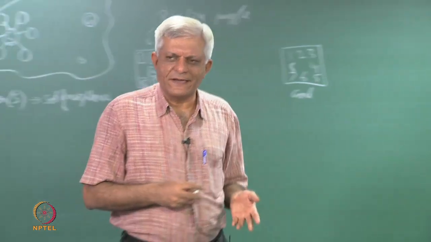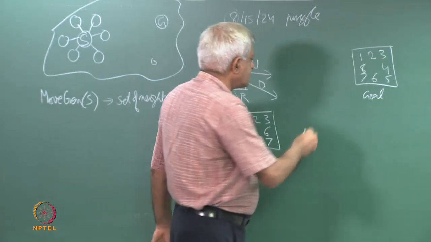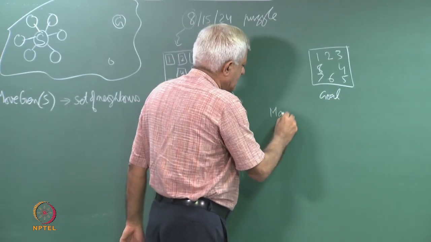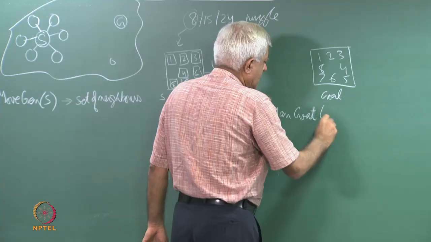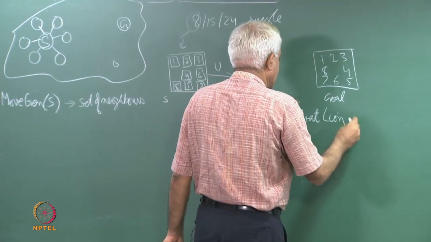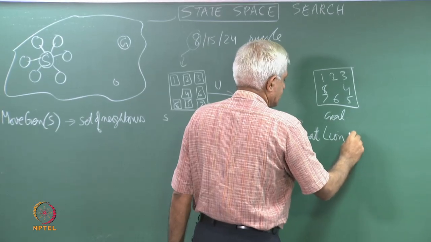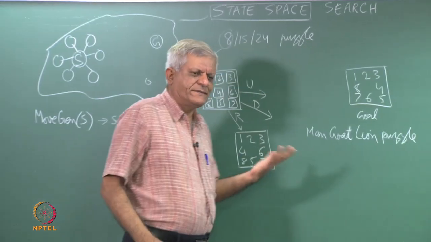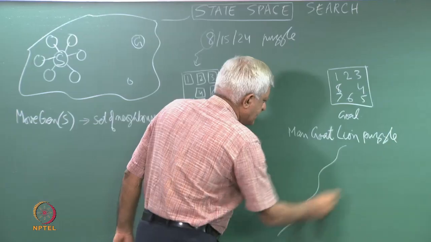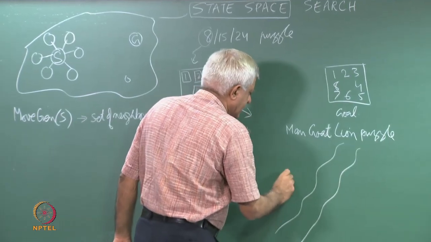So, a simpler version of that is the man, goat, lion problem. Okay, so, what is this saying? This is saying that I have some river, and on one side of the river there is a man.